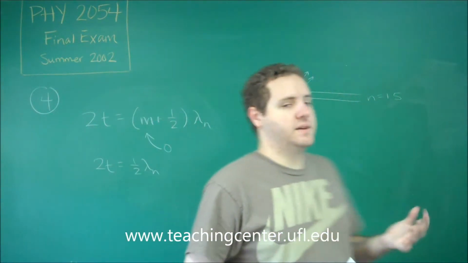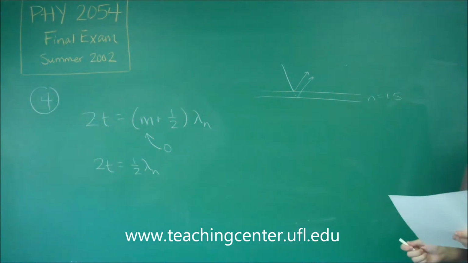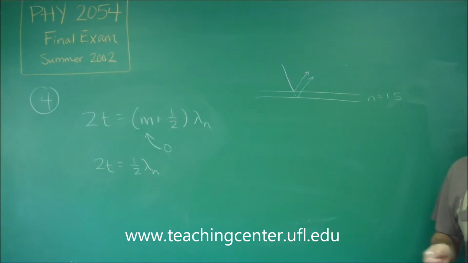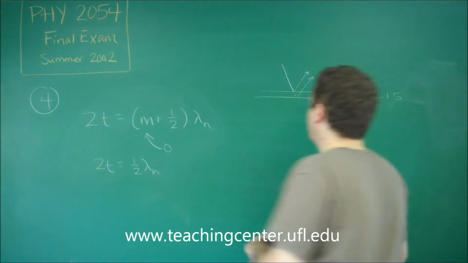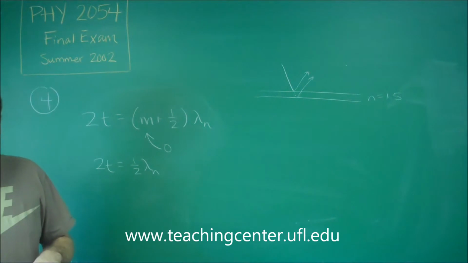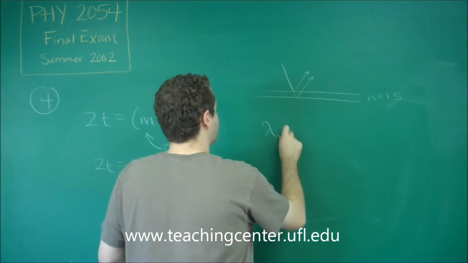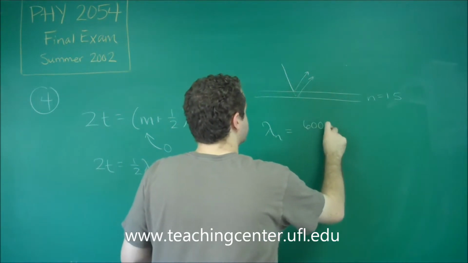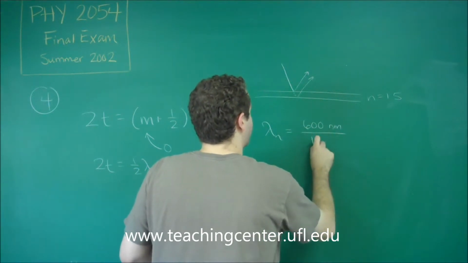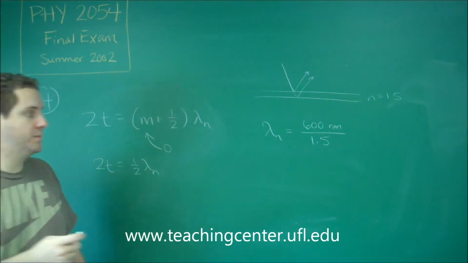So lambda n is the wavelength in this medium. The wavelength of the light was 600 nanometers to start with. Remember that when you have a medium that has an n other than 1, the wavelength just gets divided by that. So lambda n is 600 nanometers divided by 1.5, your index of refraction for the oil.